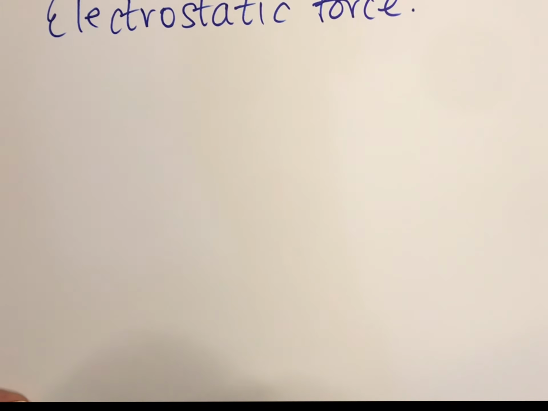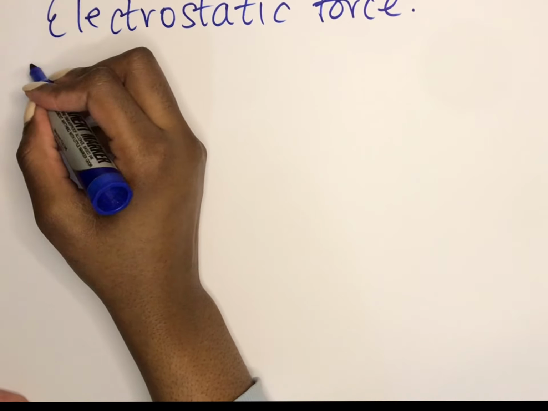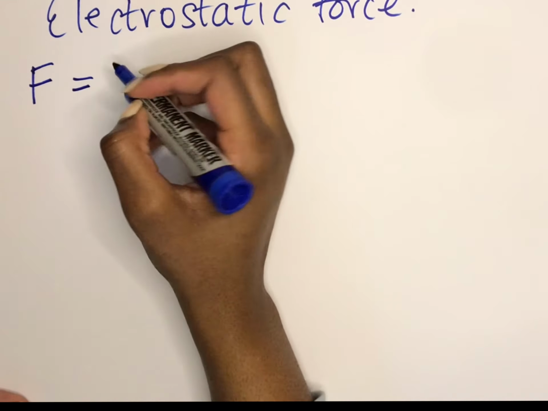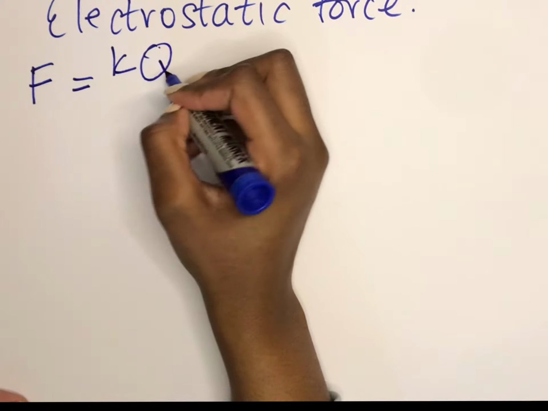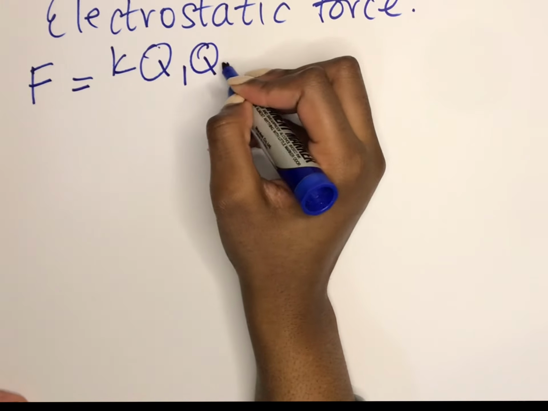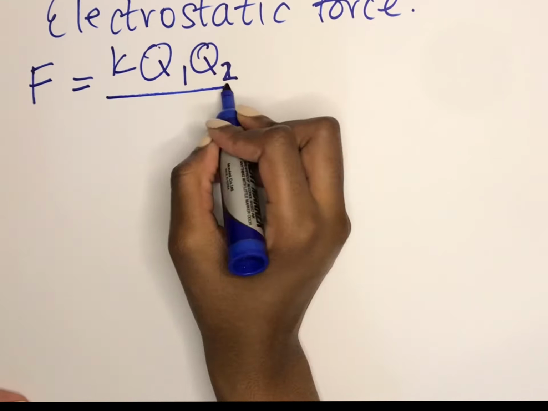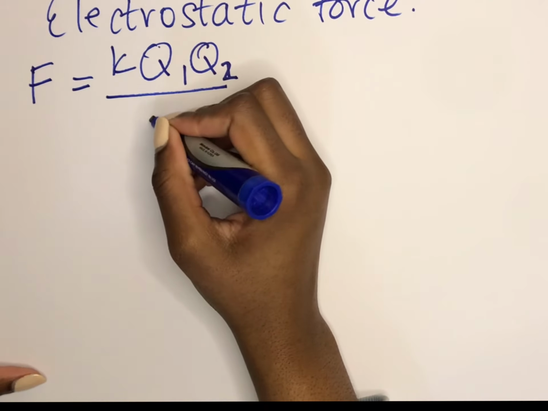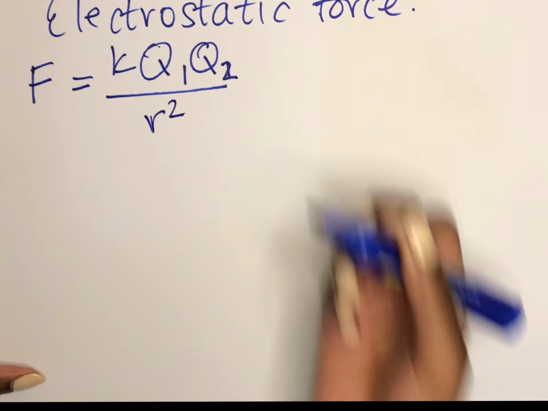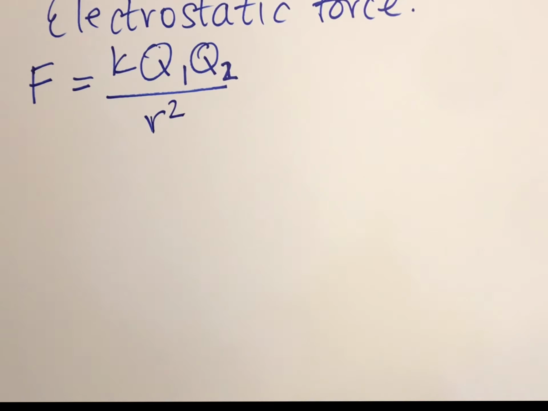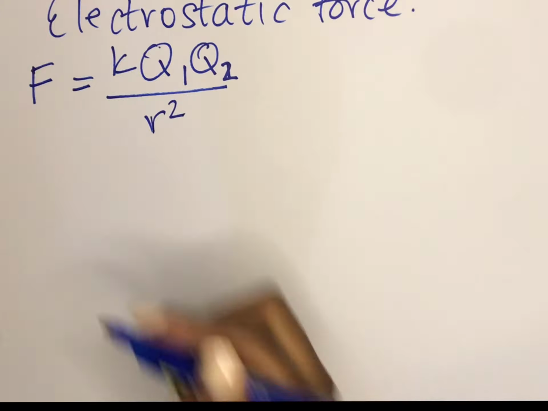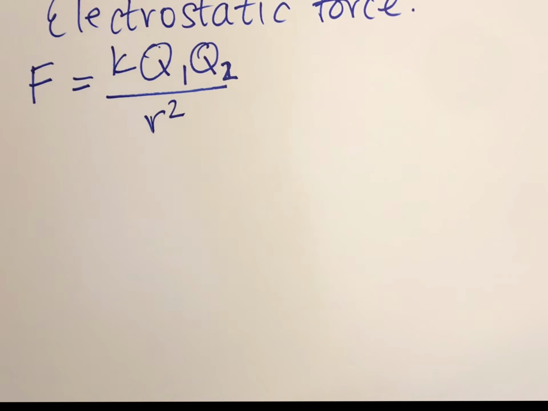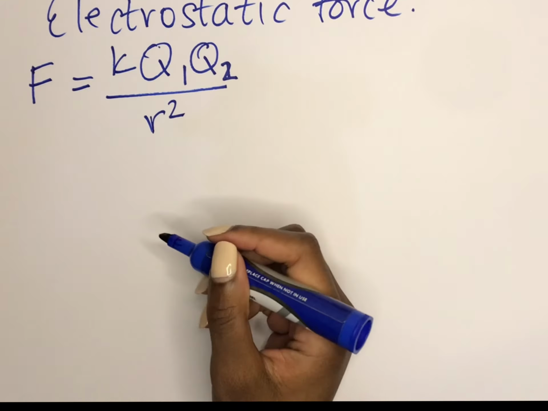We use Coulomb's law, which says that the electrostatic force between two charges is directly proportional to the product of the magnitude of the two charges and inversely proportional to the square of the distance between them, right? So if you have charges Q1, Q2, then you can calculate the electrostatic force.